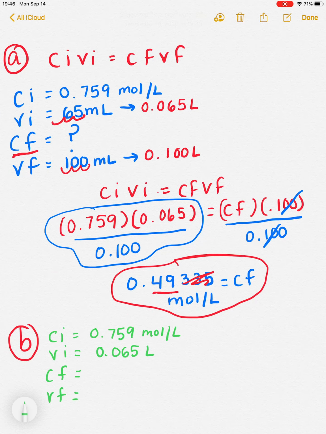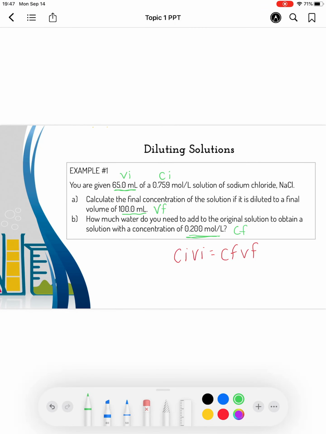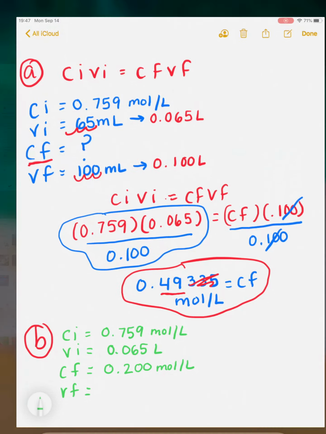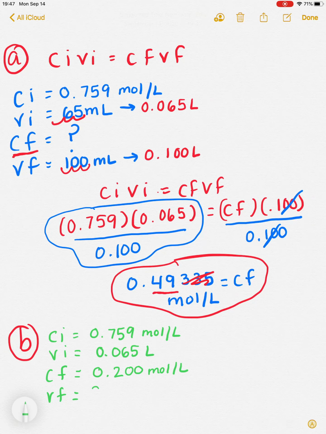They've given us our CF in this question as being 0.200. Just to show you where I got that from, it says to obtain a solution with a concentration of this. So this is our final 0.200. So that's why I'm putting that there. And then our VF is what we don't know. All right.